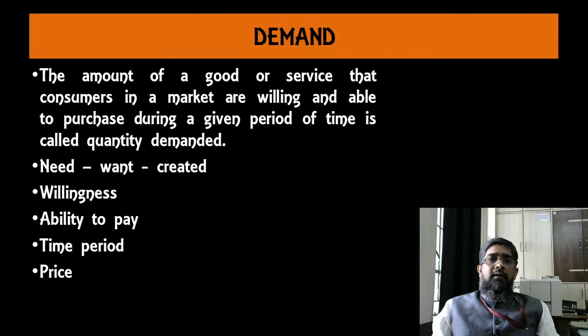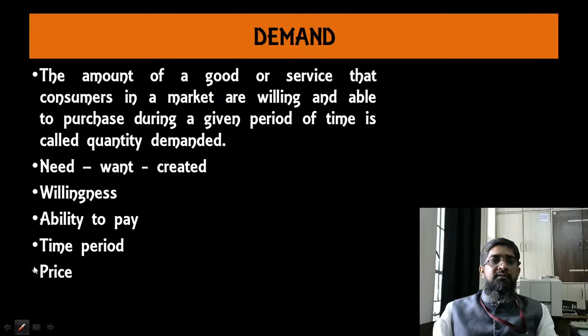So as you can see here, what is demand? Demand is the amount of goods and services that consumers in a market are willing and able to purchase, right? I'll show you some important components of demand: the amount of goods which consumers are willing to buy. So the term is willing, and the second term is able.